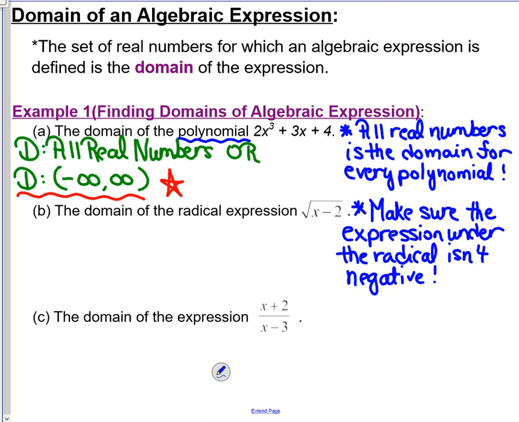Okay, so if it's not going to be negative, I need to make sure that x minus 2 is greater than or equal to 0. Right? So that I can let it be 0, I can let it be anything positive, I just can't let it be negative. One quick step of adding on 2 actually allows you to come up with the domain.